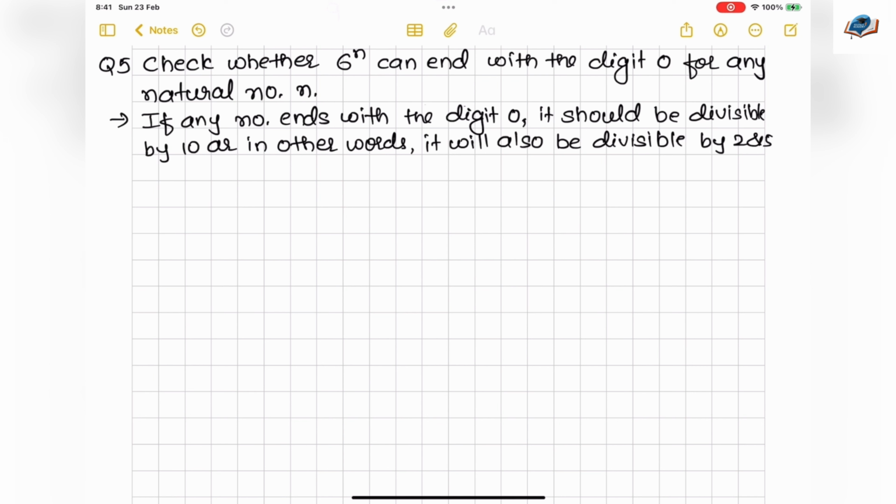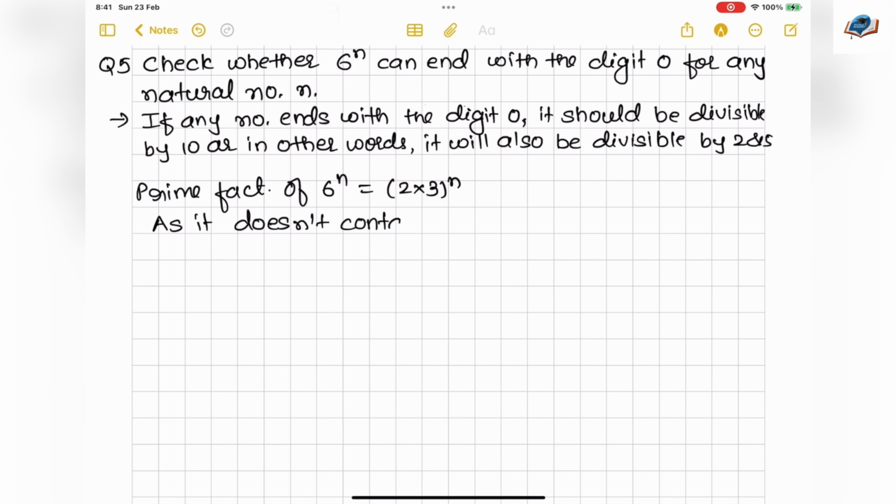So prime factorization of 6 raised to n will be 2 into 3 whole raised to n, as it doesn't contain 5.